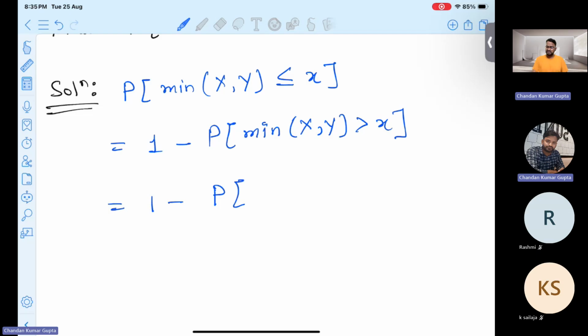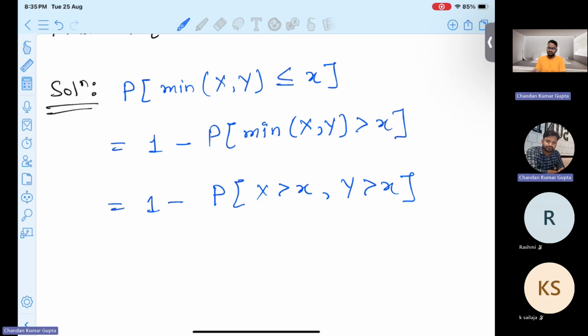This implies X is greater than x, Y is greater than x. Because the minimum is greater than x, it implies the other one is also greater than x. Okay, so this is the case.